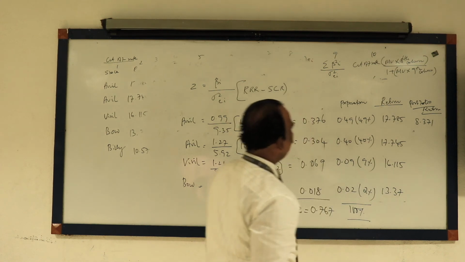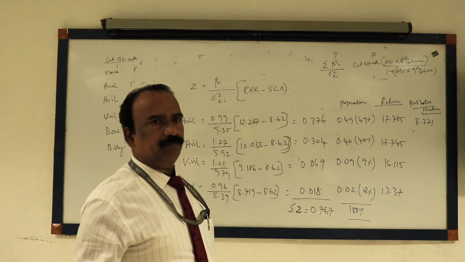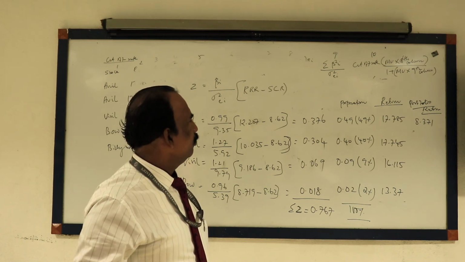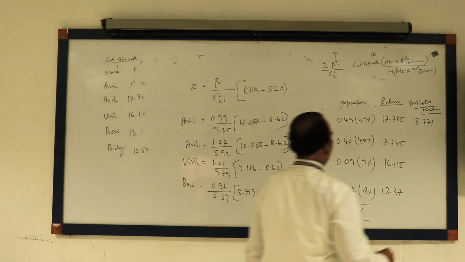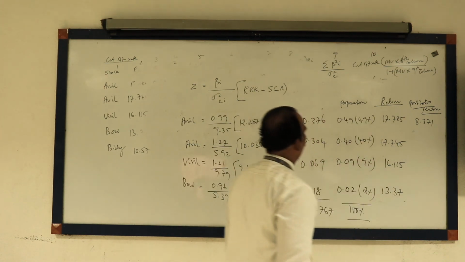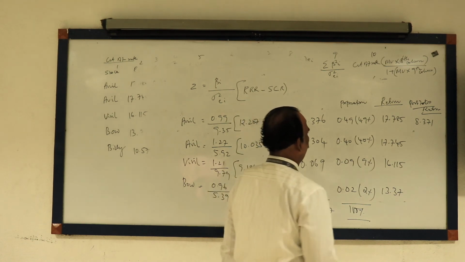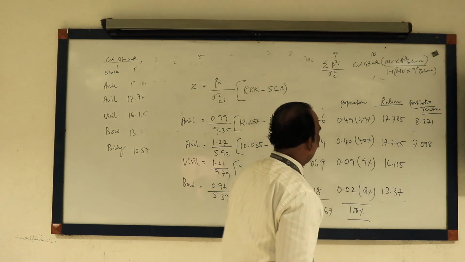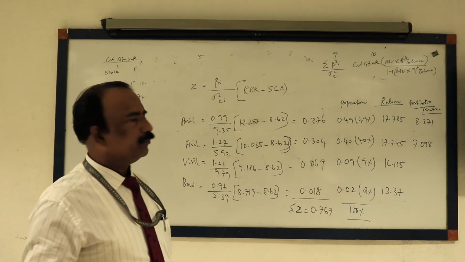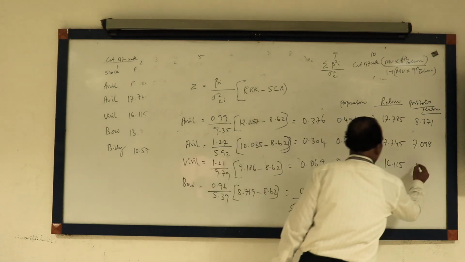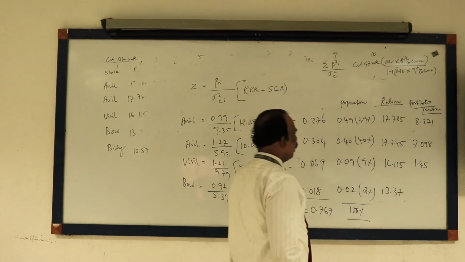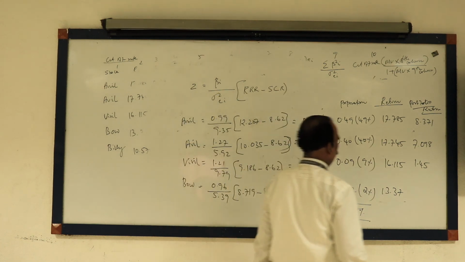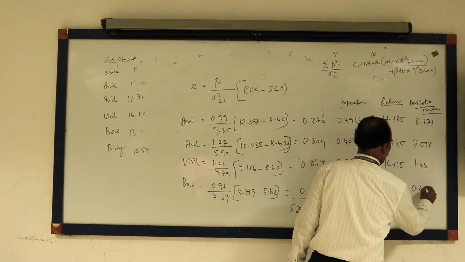Second one, 17.745 into 0.4 is 7.098. 16.115 into 0.09 is 1.45. 13.37 into 0.02 is 0.267.